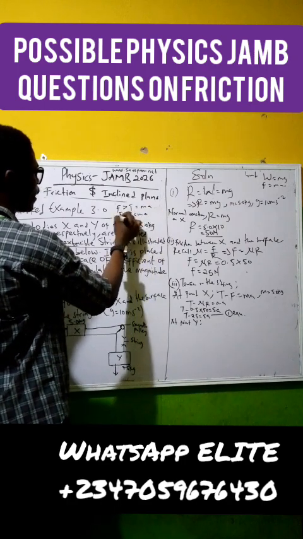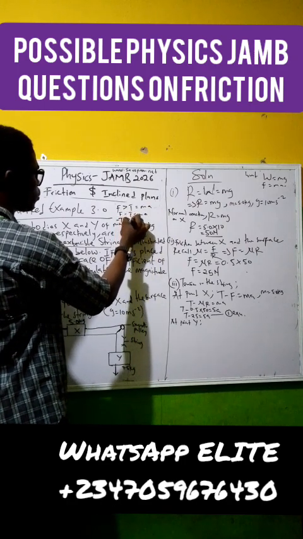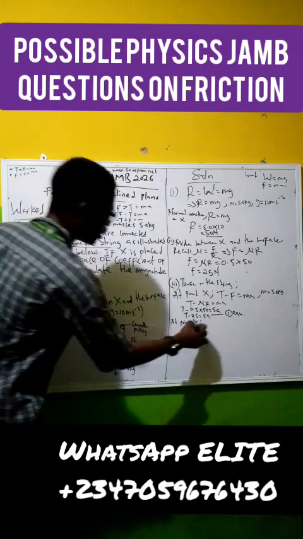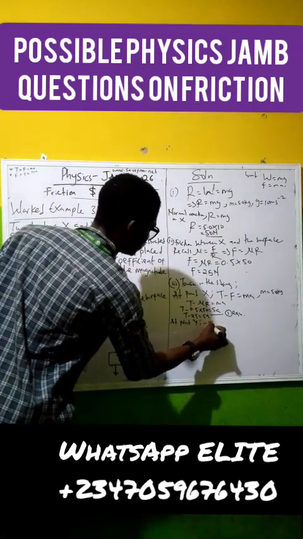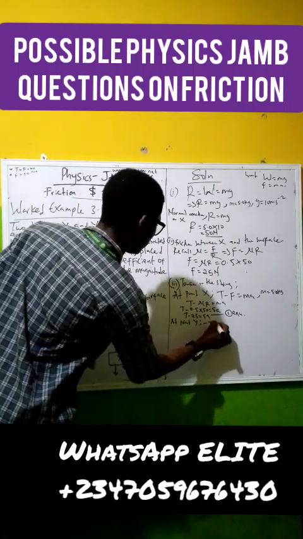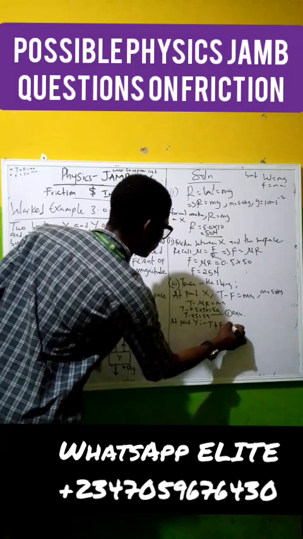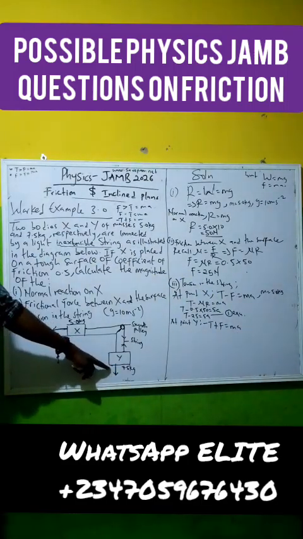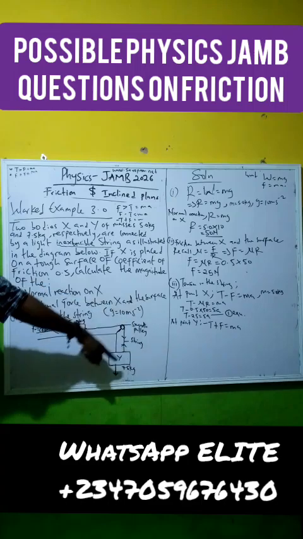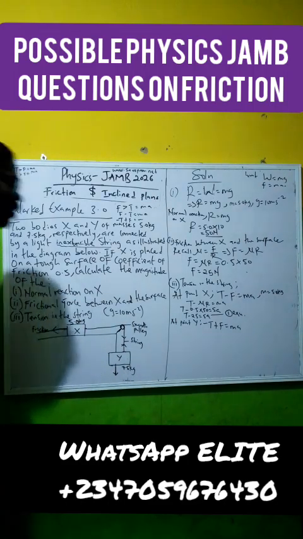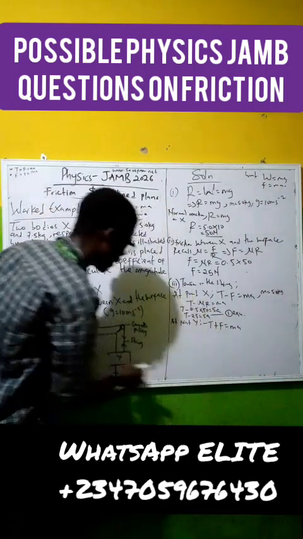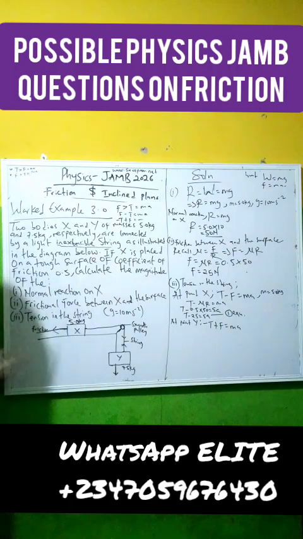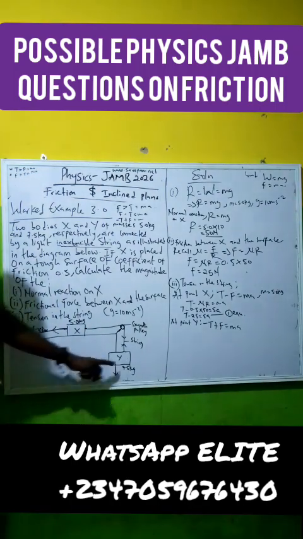Okay, then if you rearrange it, that will be minus T plus F equals MA, because F is greater than T here. So the tension is going to be negative. Alright, so which means that there's no friction occurring here. I hope you know that. No friction is occurring here.